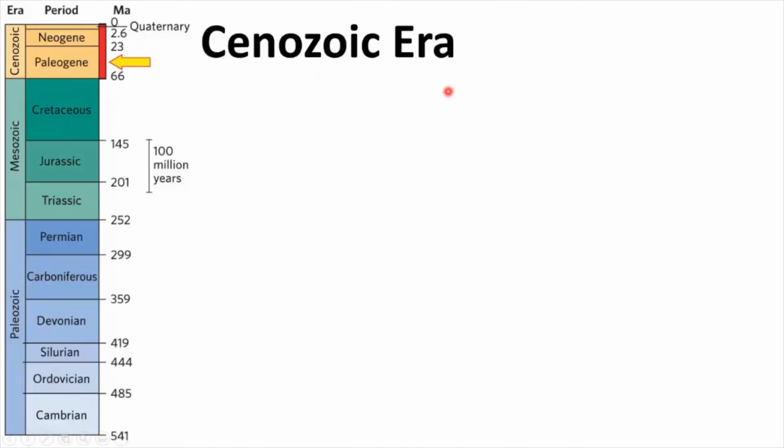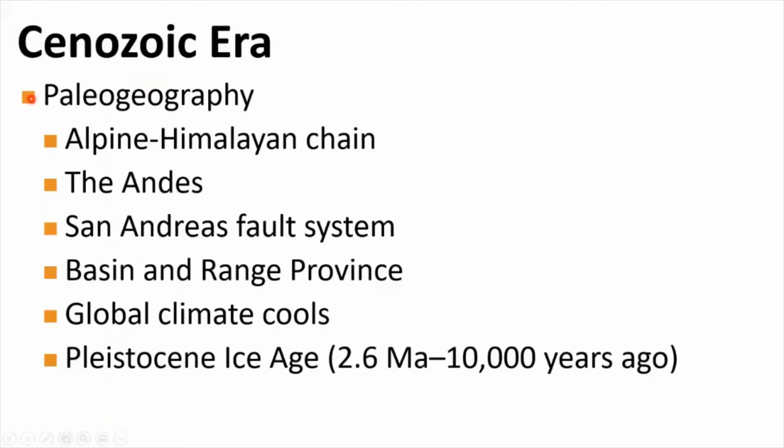So now we move into the Cenozoic era. That's 66 million years ago to present, so recent life. What did our paleogeography look like during the Cenozoic? We finally get our Alpine-Himalayan chain forming, the formation of the Andes Mountains, continental to oceanic convergence. We see our San Andreas Fault system.